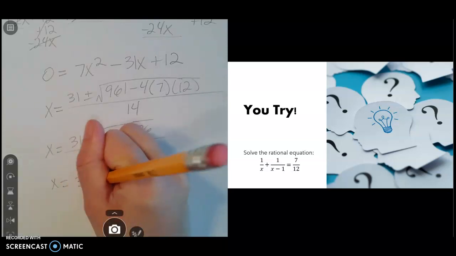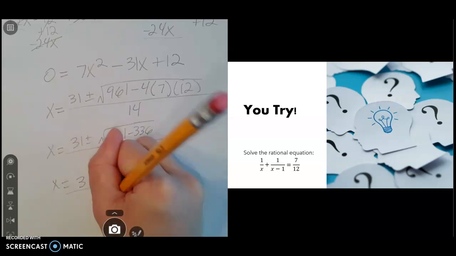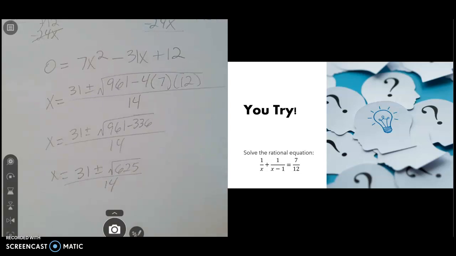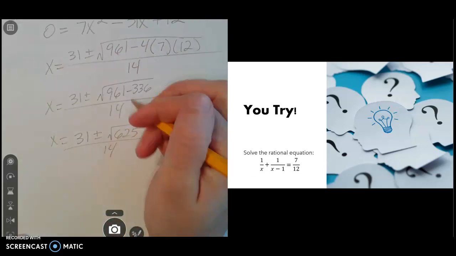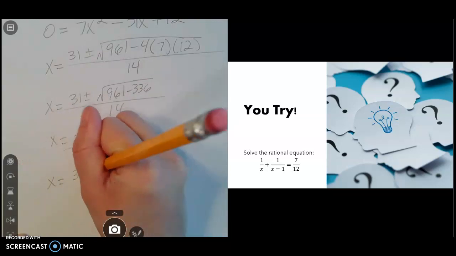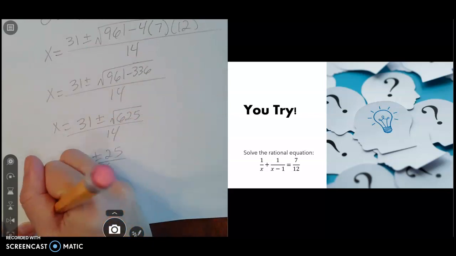So 31 plus or minus the square root of 625, everything's over 14. And that's actually a perfect square, which tells me I probably could have factored it earlier, but I guess I was intimidated by the larger numbers or something. But the square root of 625 is 25, so now I've got x equals 31 plus or minus 25, all over 14. So then I've got a couple options.